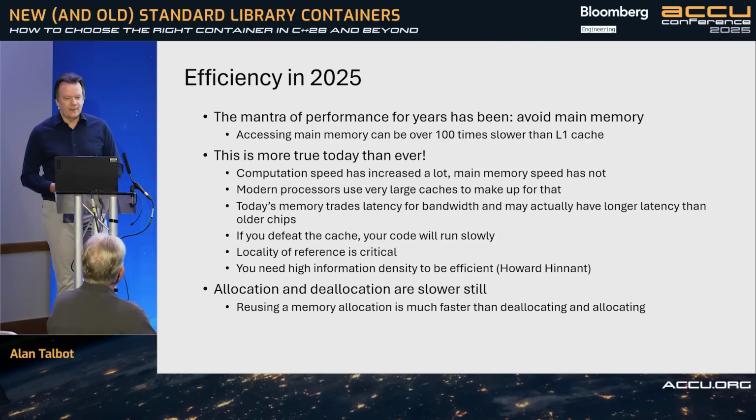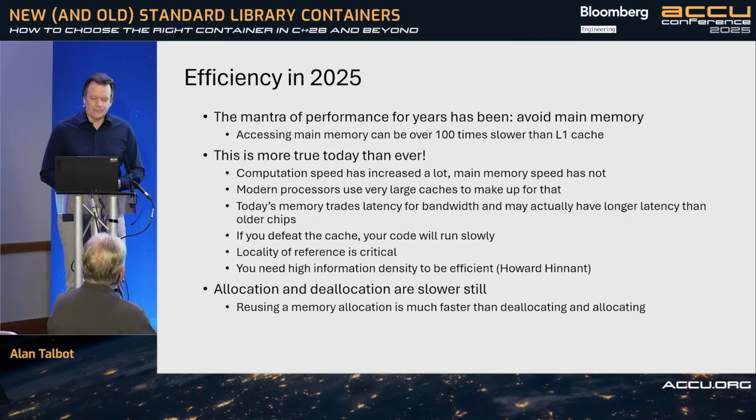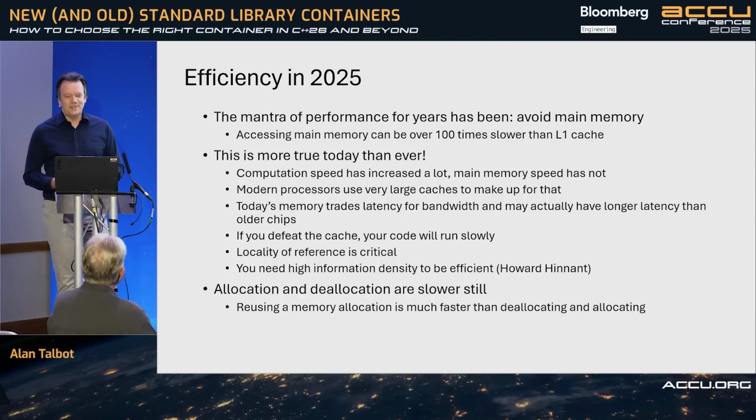But the thing is, as we probably know, accessing main memory can be over 100 times slower than the inner cache. Computation speed has increased a lot, but memory speed has not. And so modern systems make up for that by using very large caches.